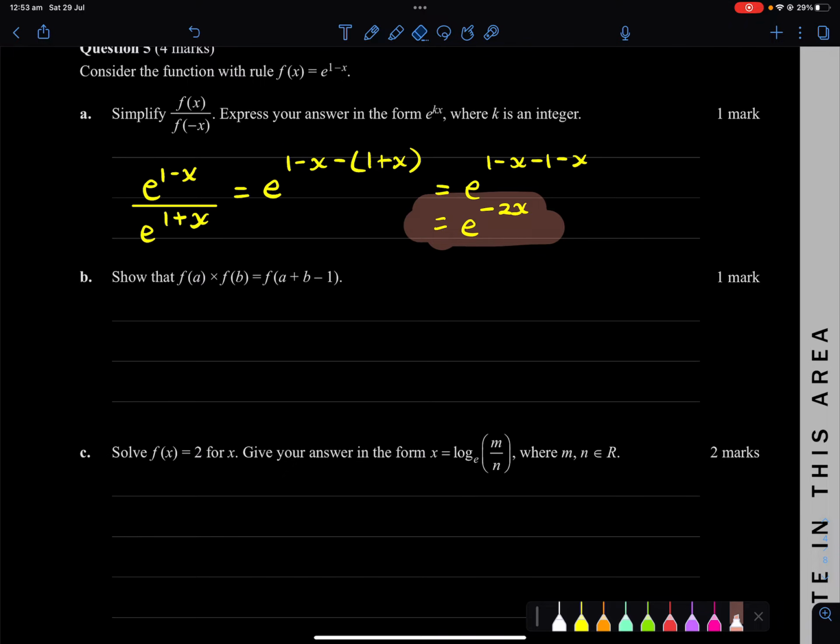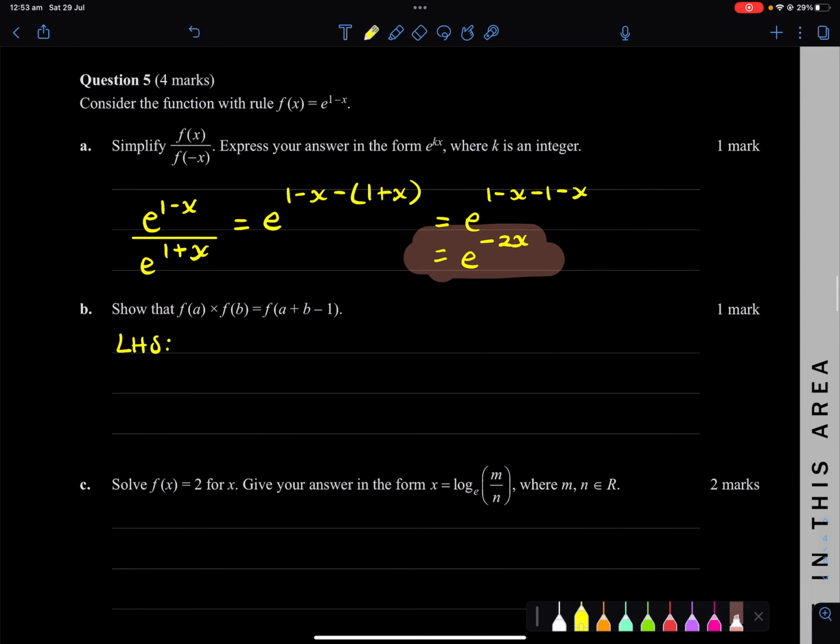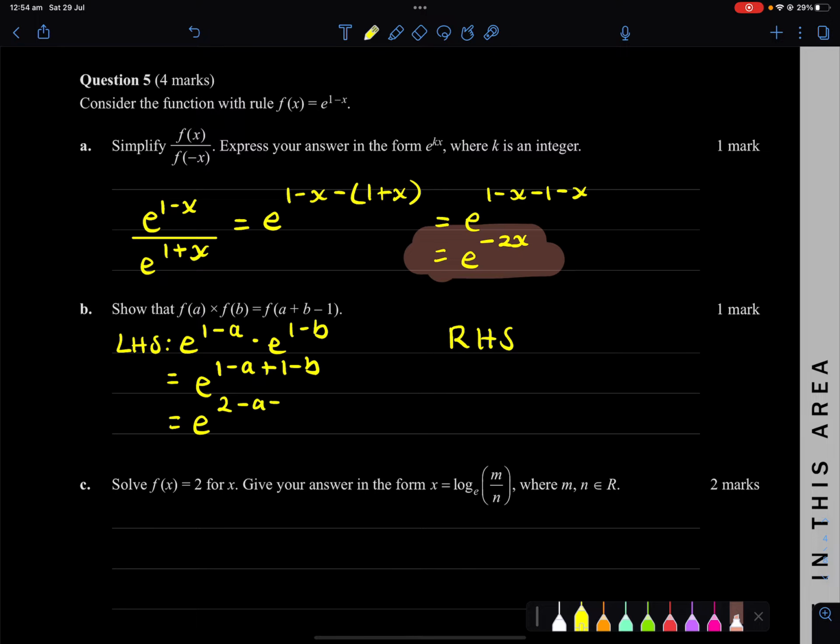Also, it says show that f of a times f of b equals this. So we can say that the left-hand side, which is f of a times f of b, is e^(1 minus a) multiplied by e^(1 minus b). Let me simplify the left-hand side more. It'll be e^((1 minus a) plus (1 minus b)), so it'll be e^(2 minus a minus b).